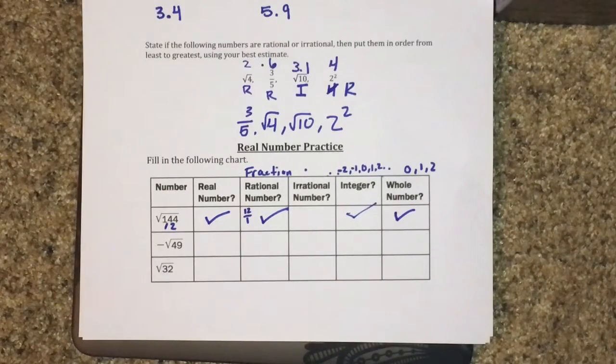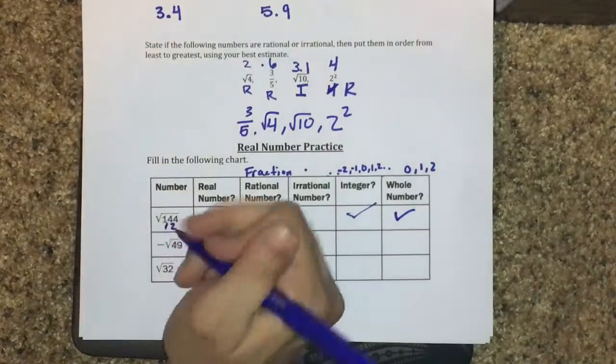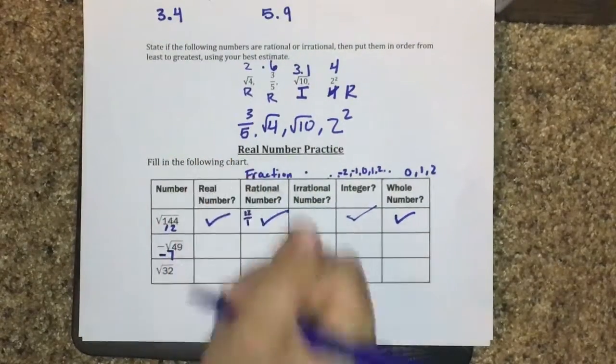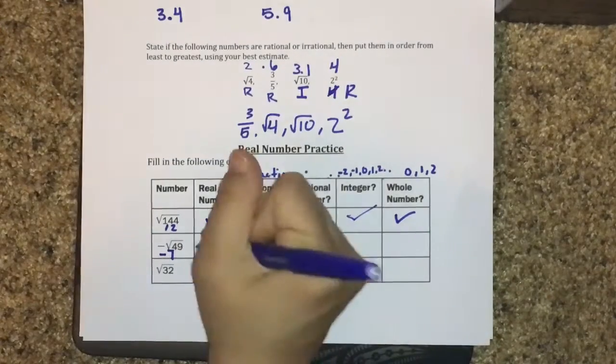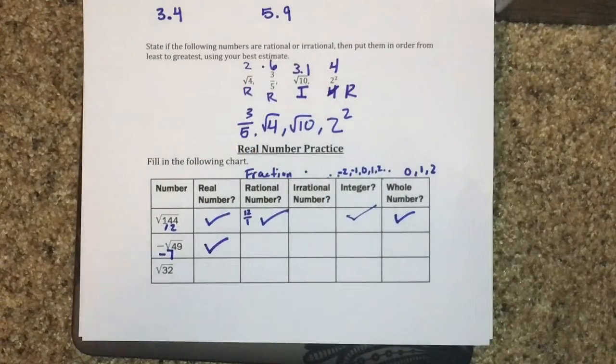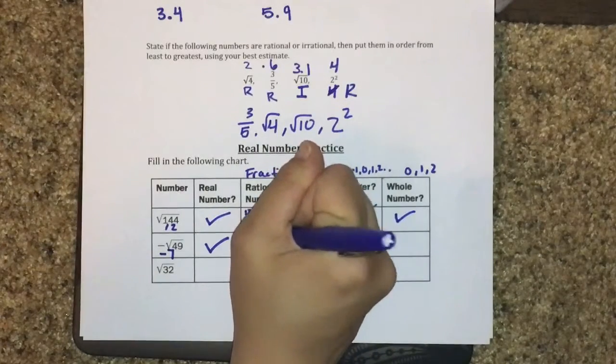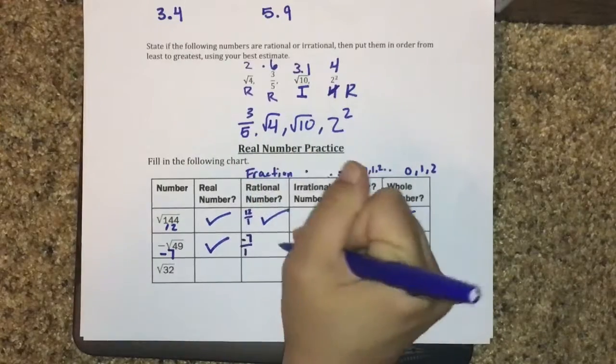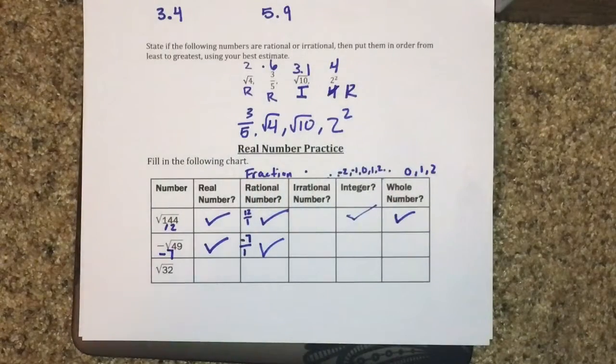Moving on to negative square root of 49. What is the square root of 49? It's 7, so this is going to be -7. Is it a real number? Yes, all numbers are real numbers. Is it a rational number? Can it be written as a fraction? It can be written as -7 over 1, so yes. Is it an irrational number? No, because it is a rational number.